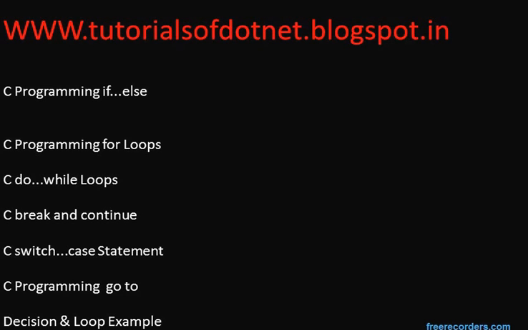Then only will you be able to learn those technologies very easily. Without the basics of C and C++, it is not possible to learn those technologies because they are higher level languages, and the base or pillars for those languages are C and C++.